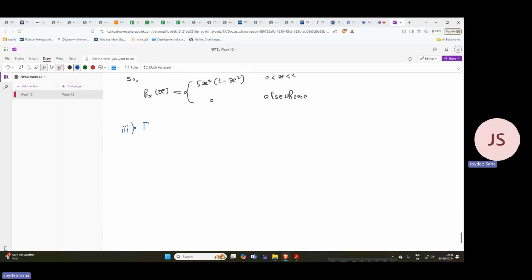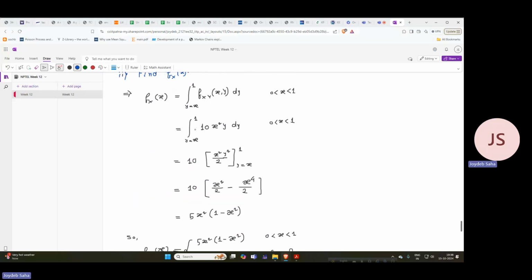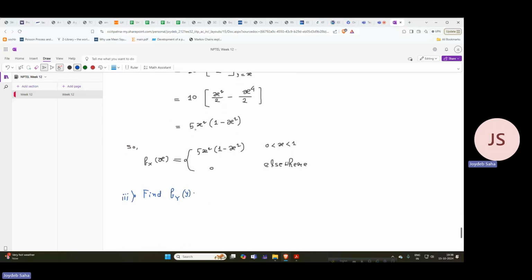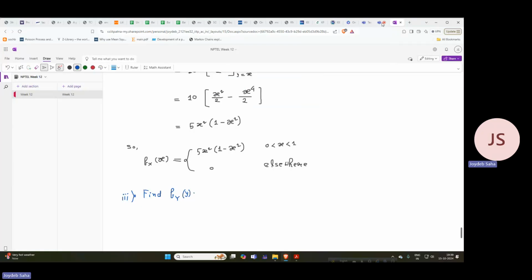Find the marginal density of y. So this is the marginal density of X as we calculated. Now in a similar way, please try to calculate the marginal density of Y and then match the answer with me. You take 2-3 minutes and try to solve it.